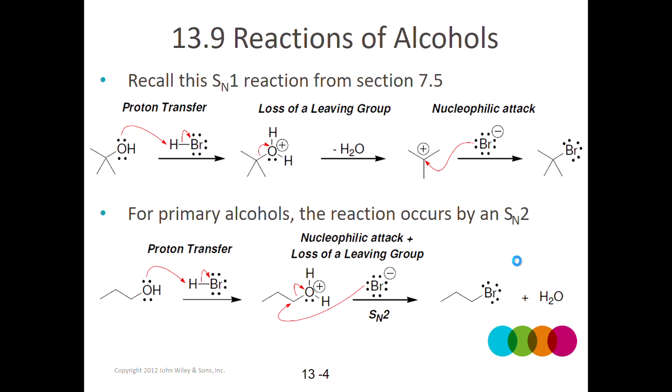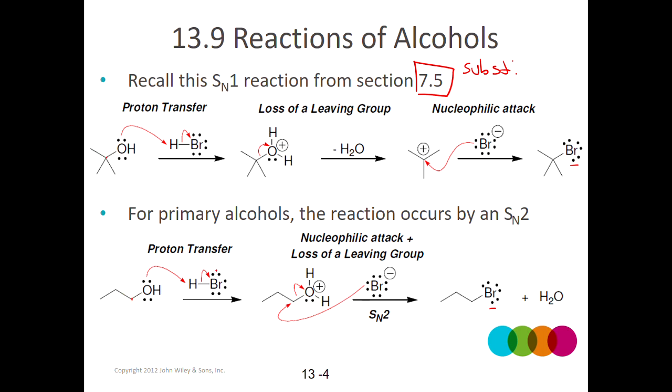So what are some of the reactions that alcohols undergo? Well, we learned a few last semester. Last semester we saw in chapter 7, this chapter about substitution reactions, that HBr can be used to convert an alcohol into an alkyl halide, whether it's on a primary, secondary, or tertiary carbon.